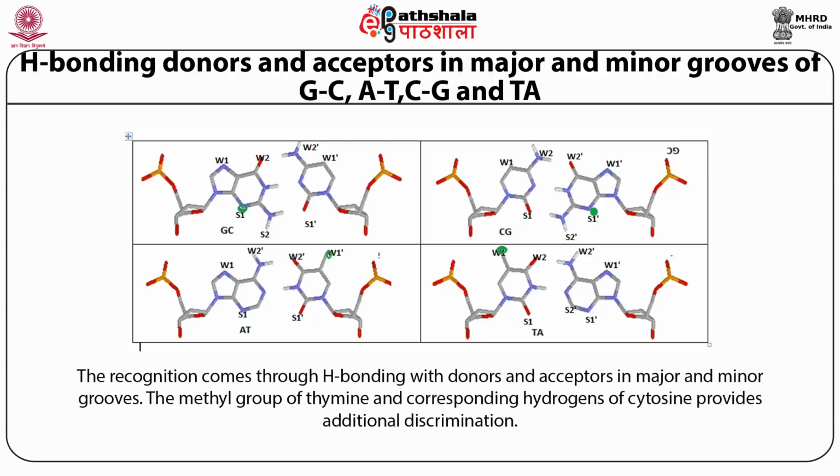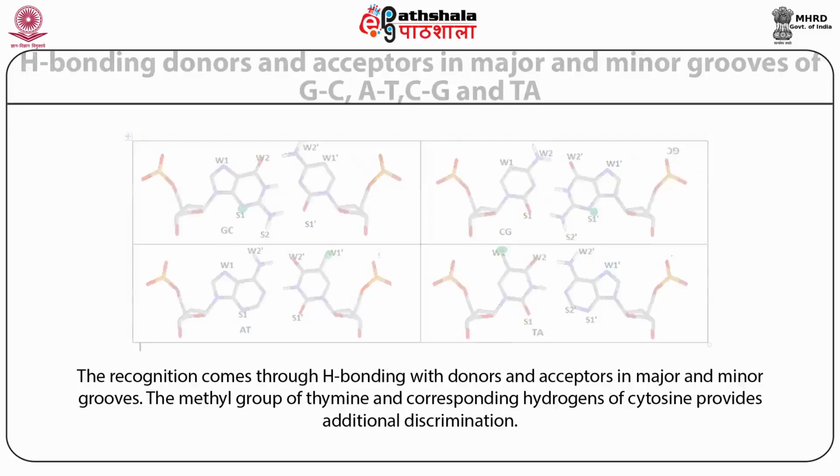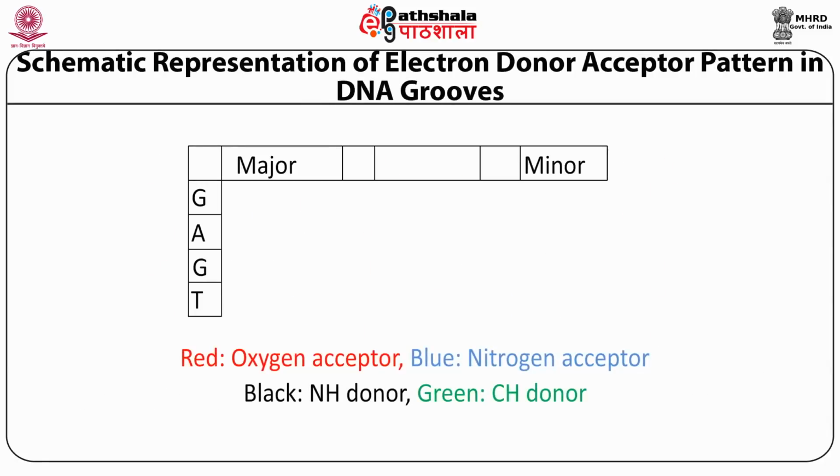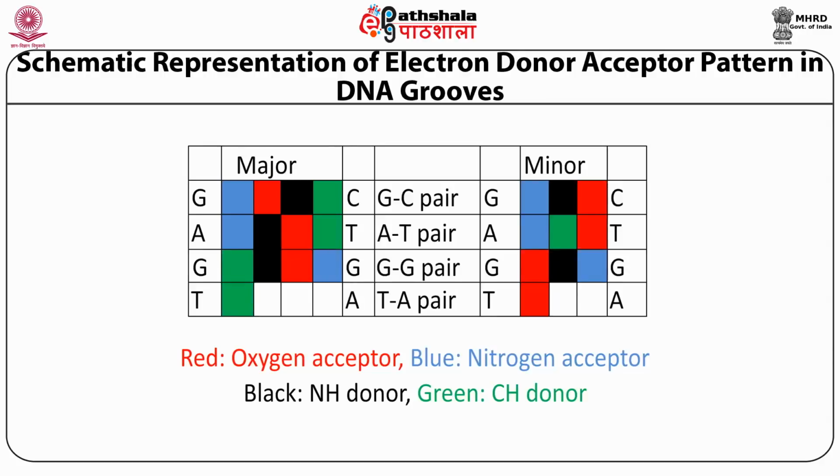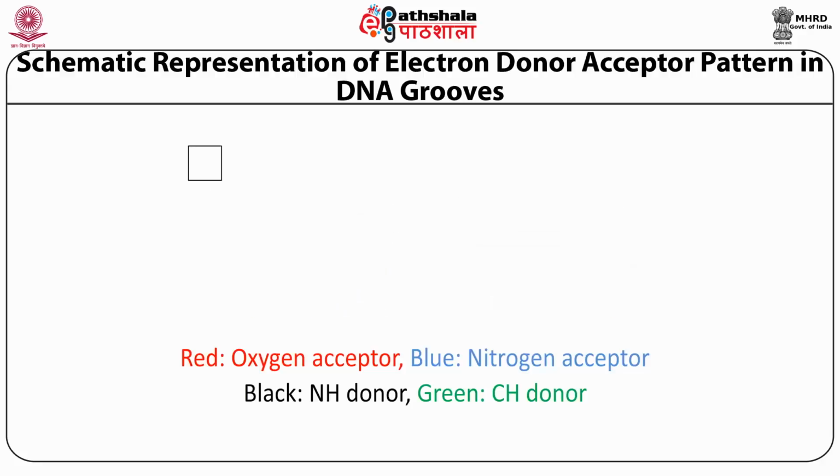The recognition is through H bonding with donors or acceptors in the minor or major groove. The methyl group of thymine and corresponding hydrogens of cytosine provide additional discrimination. We show in this picture a schematic representation of electron donor acceptor pattern in DNA grooves.